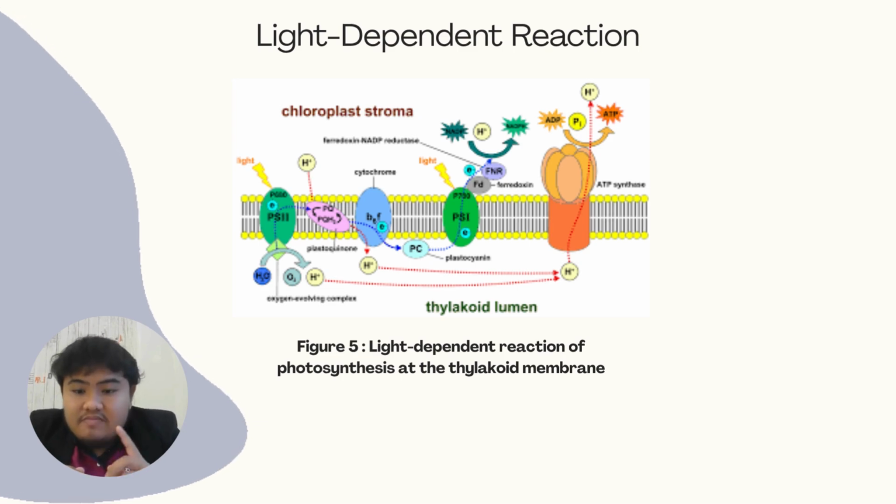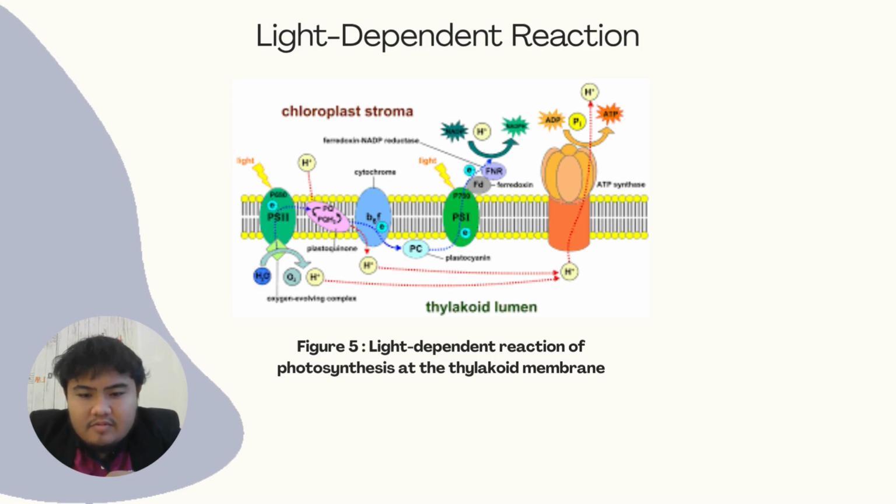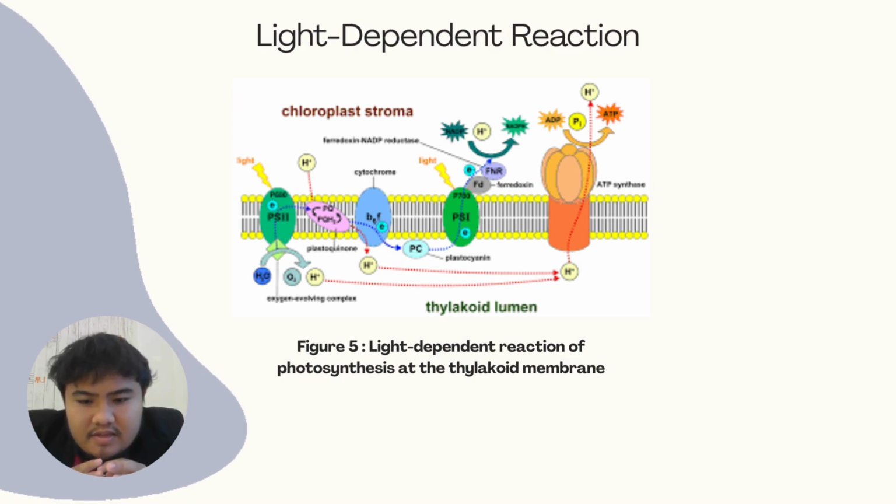Okay, let me explain photosystem 1. This photosystem is the most efficient in absorbing light, but it is associated with an enzyme that reduces NADP+ to NADPH, another vital energy carrier.